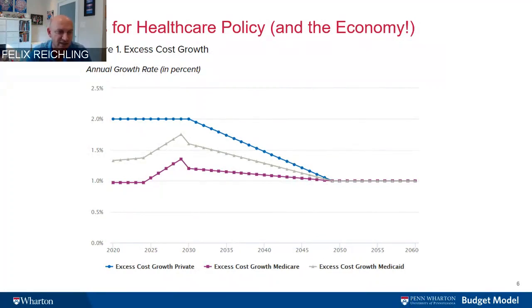What's important here is that private health insurance in the US sees a lot higher excess cost growth than, for example, Medicare. Private health insurance has a problem with reining in costs. And this is, for example, one reason why people call for Medicare for All, because those people often argue that you can provide more cost-effective healthcare through the federal government than through private health insurance companies.